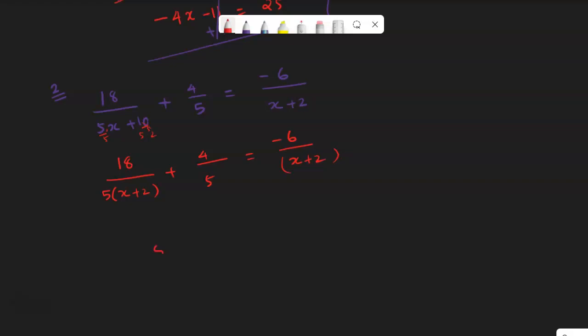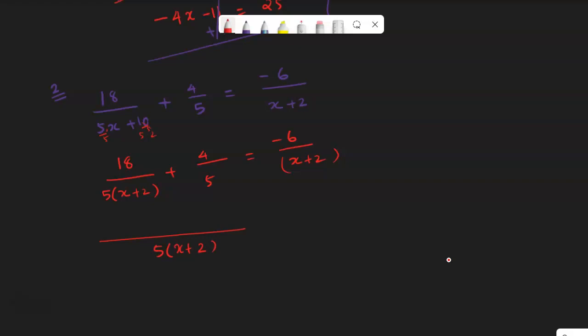So that is 5 times x plus 2, the common denominator of the left hand side of the equation. Now compare these two denominators. This is 5 into x plus 2, this is also 5 into x plus 2, so nothing is missing there, right?